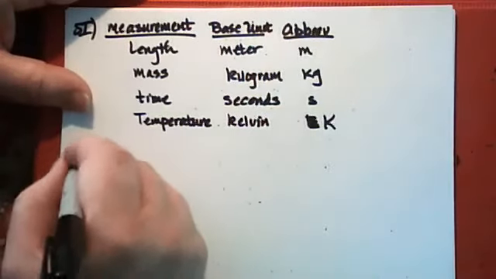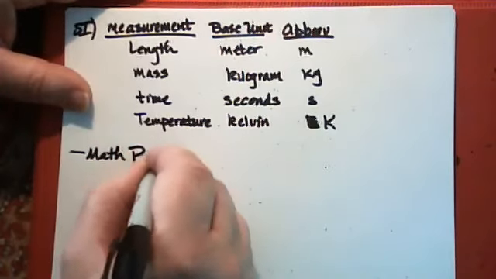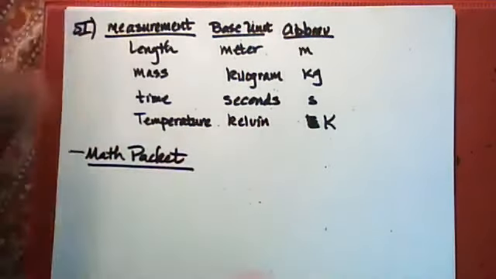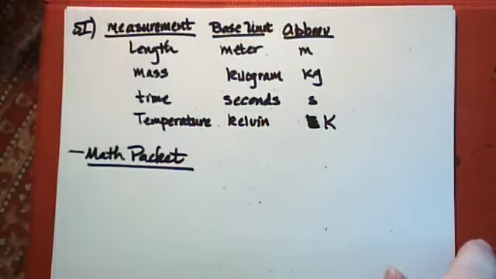And this brings us to the math packet. The math packet is posted on Blackboard. It's something that I normally print out and give to students, although I usually post it on Blackboard also, in case they lose it, which many of them do.